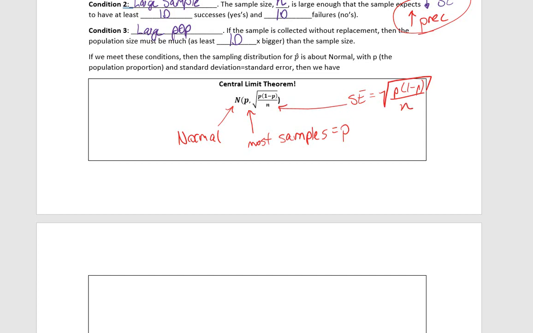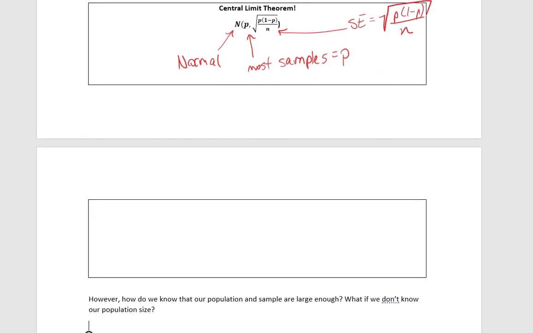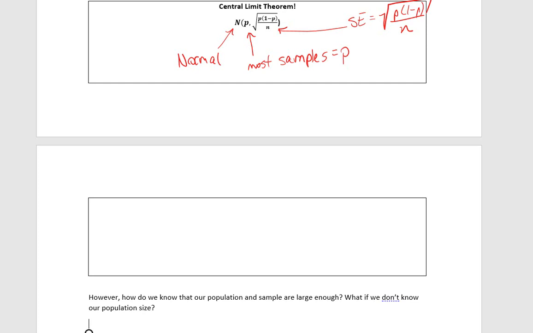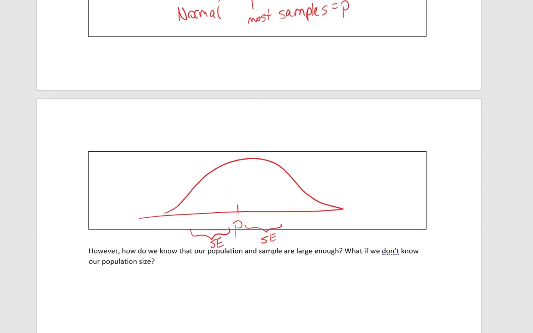So what this is saying is, hey, if you have a nice random sample and your samples are big enough, what that means is that your samples are going to be normal. So most of your p hats are going to fall around p, and they're going to be off by standard error. Now, what you should be feeling in your body right now, in your heart, is, oh my gosh, that reminds me of the empirical rule, and you're absolutely right.